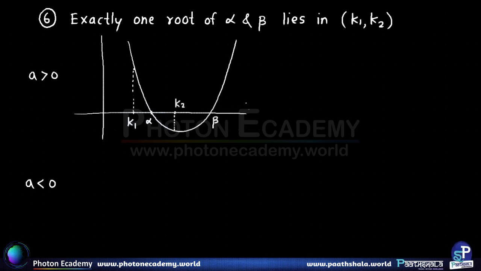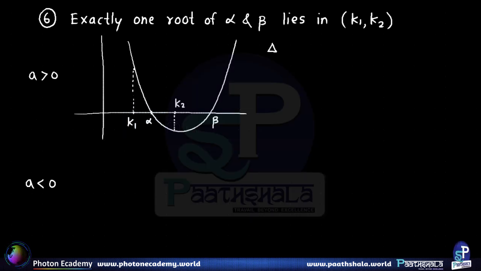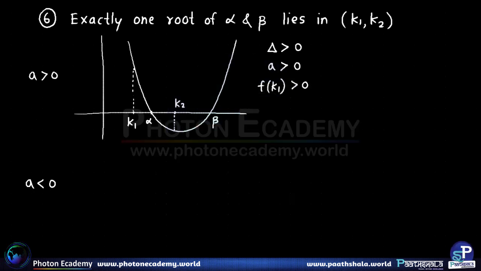So with that, let us now write the conditions for this particular situation. Firstly, we observe that delta should be positive to have two roots. Now here we are having a greater than 0 for parabola opening upwards. Now we note that f of k1 is positive and f of k2 is negative.